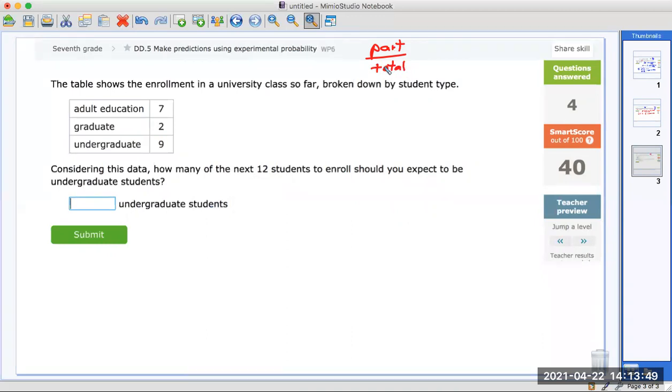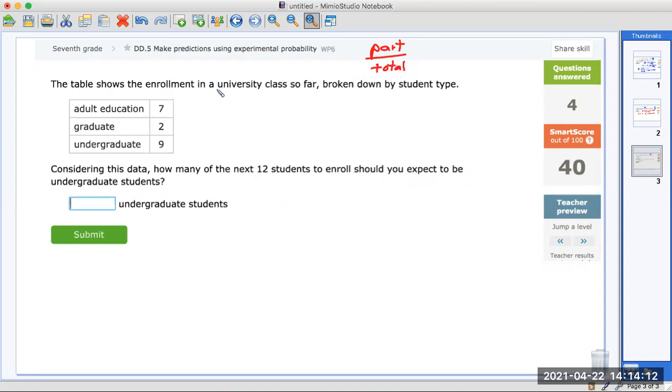That's how we keep the probability between 0 and 1, because when you divide, you're going to get a number between 0 and 1. Okay, if they're the same, then that means it's 100%, or it's the very same ratio, but usually the part is a little smaller than the total.